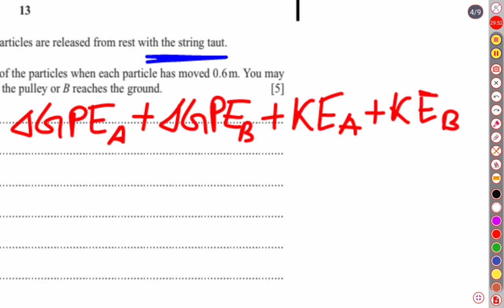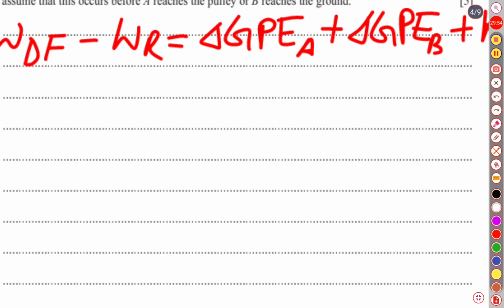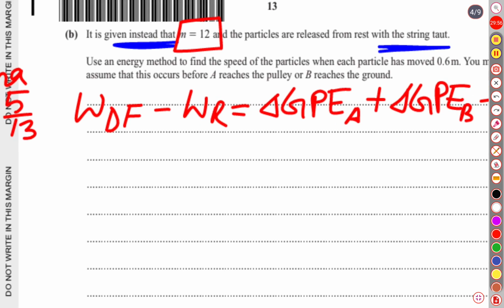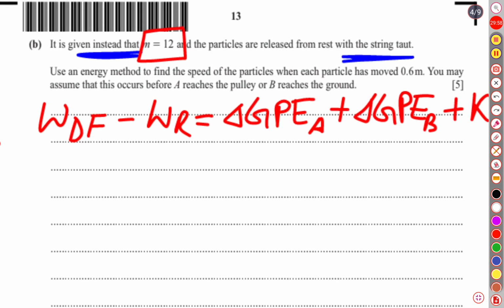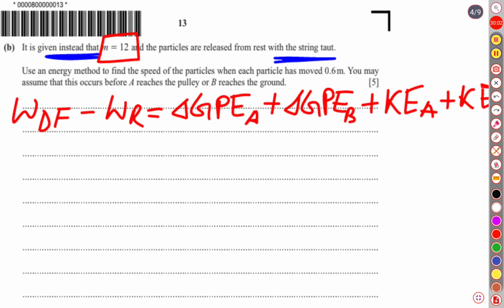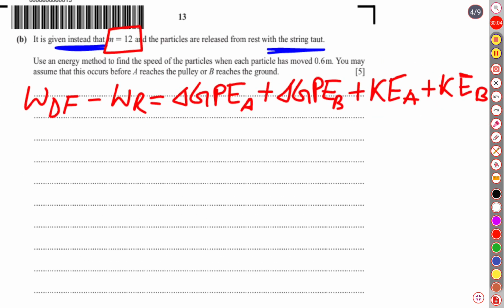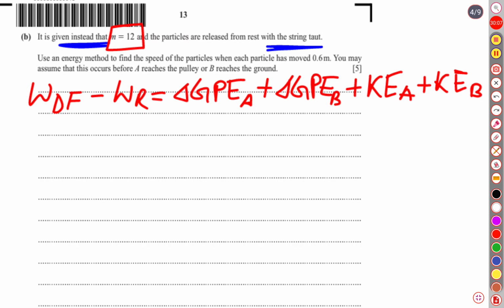Well, now we will substitute the values. First of all, let us see whether there is any driving force or not. If we consider the system, they are connected with each other through the string, which was working as driving force and resistance force.